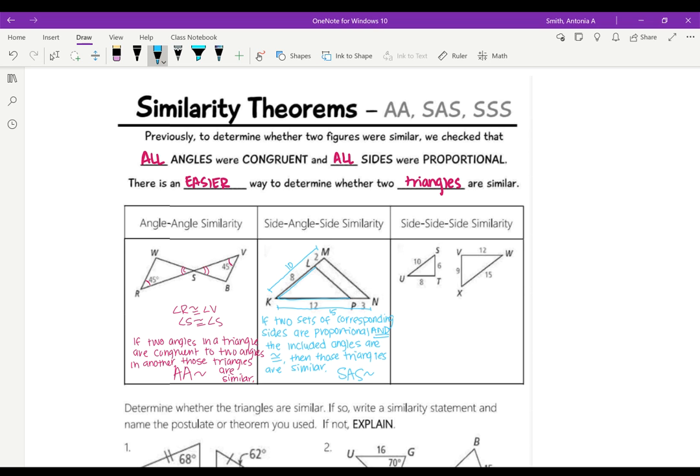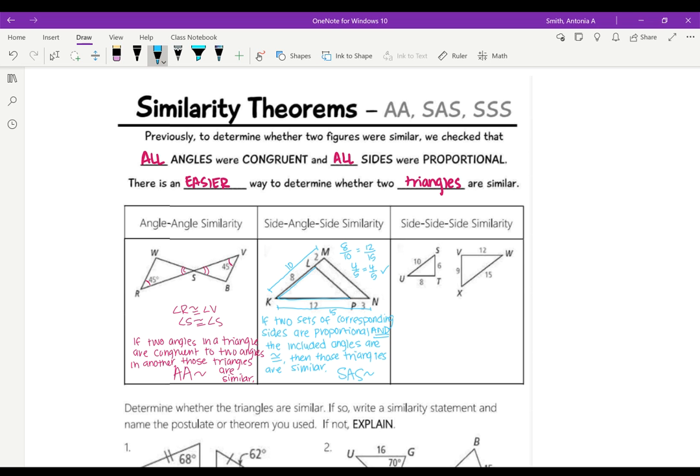So we want to check and see, are these ratios the same? So we have 8 to 10 equals 12 to 15. So 8/10 simplified is 4/5. And 12 to 15 simplified is 4/5. So these sides are proportional.